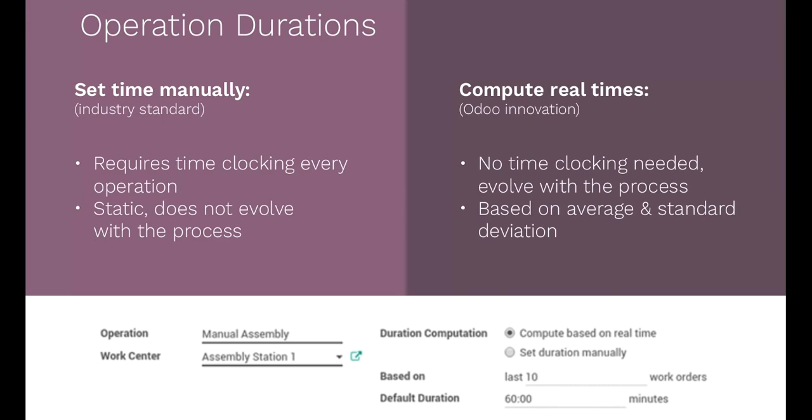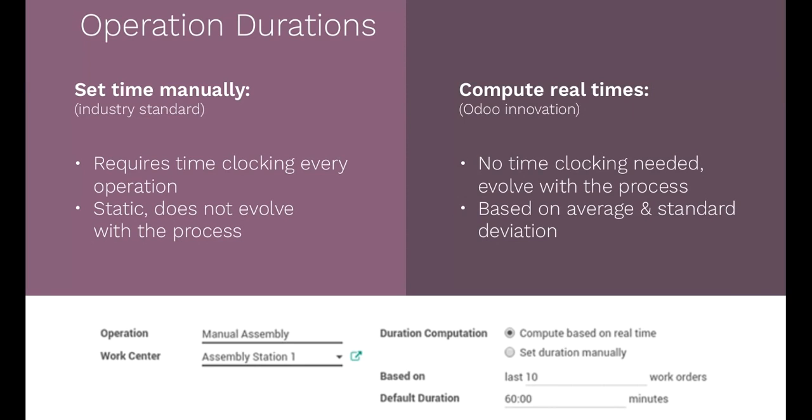So in other words, we needed something new. Of course, we still support the manually set method. You can still manually set the times on the routing, but now we support a system where we compute in real time based on the exact time of every work order, and it computes a new schedule and the cost based on that. So you don't have to define the routing yourself.